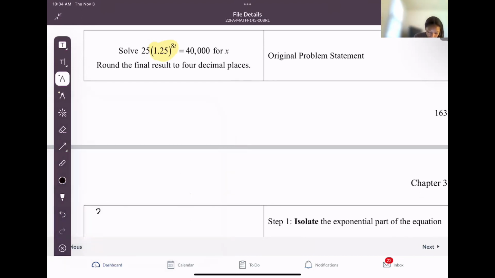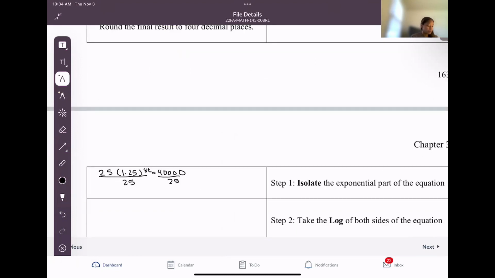I'm going to write out 2 steps. 25 times 1.25 to the 8t equals 40,000. We divide both sides by 25. Then we get, hold on, what's 40,000 divided by 25? 1.25 to the 8t power equals 1,600.